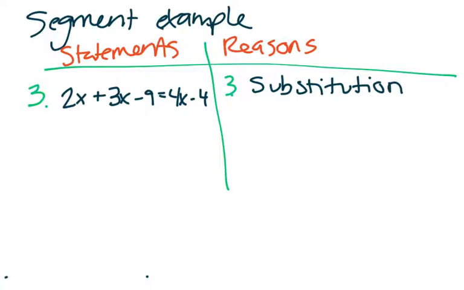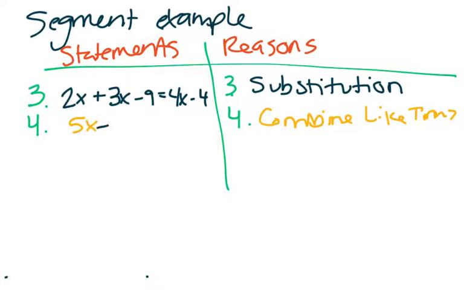And now we actually get to do the algebra steps of all of this. And so, for instance, the first thing that I'm going to do is combine some like terms. So, as you can see, 2x and 3x are both on the same side of the equals, so I'll go ahead and put them together and make 5x, but then I still have minus 9 and equals 4x minus 4.